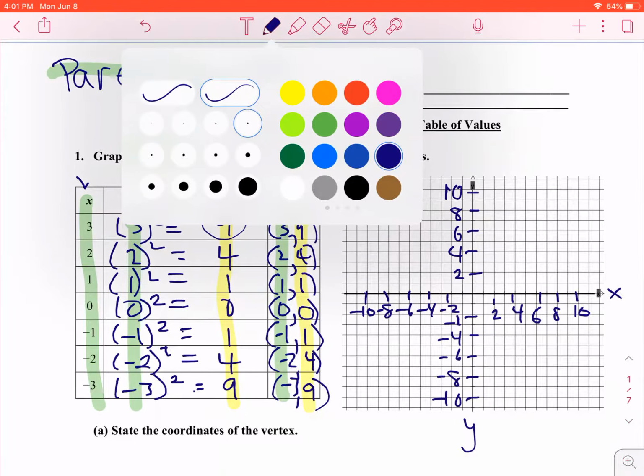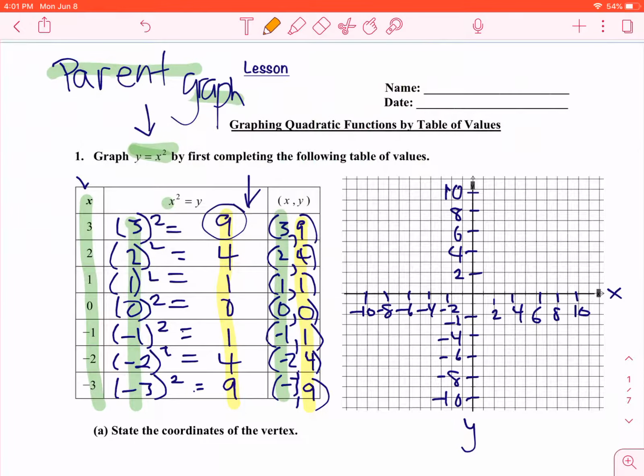Okay, so we'll actually graph this. Positive 3, positive 9, so I go x to 3, y goes up to 9.